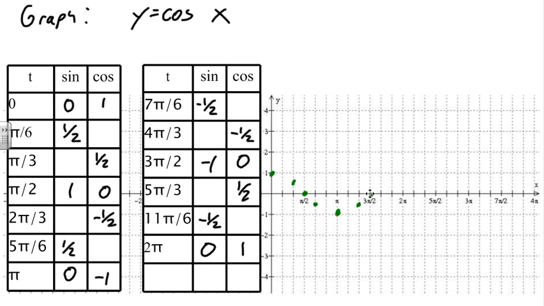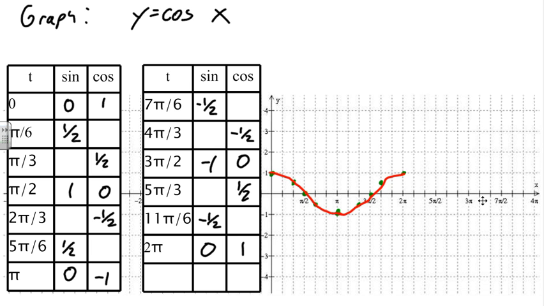Then 0. +1/2, skip, and then at 1. So you can draw that curve. And that's one period of the cosine function.